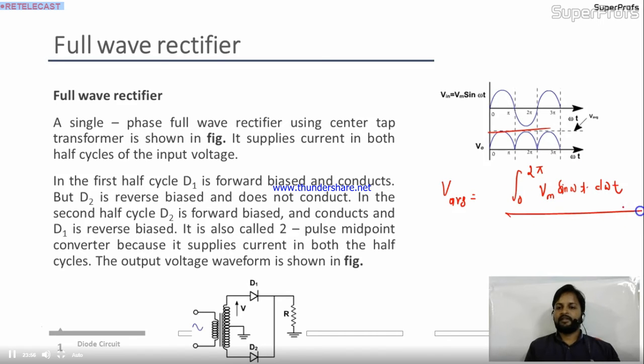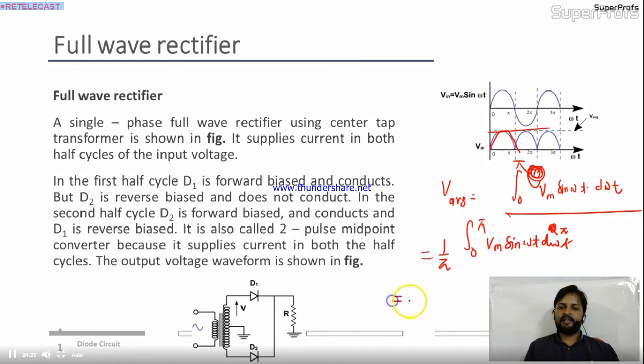This is the full value divided by the period, and that is 2 pi. Or for this waveform, the period is 0 to pi, so we can consider only 0 to pi. So 1 by pi, integral from 0 to pi of Vm sin omega t d omega t.